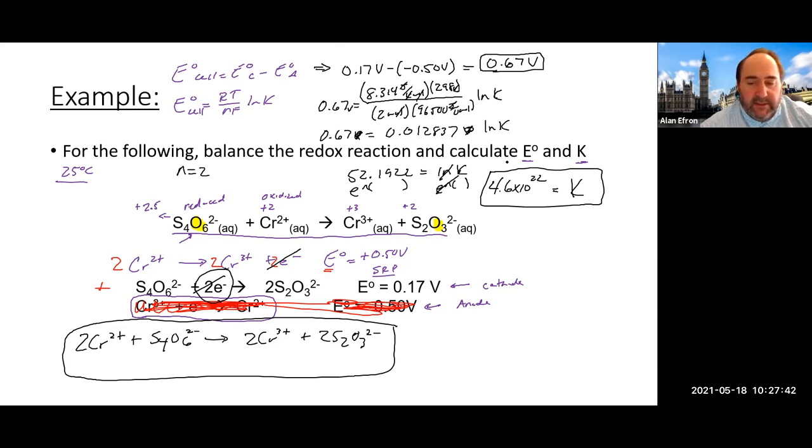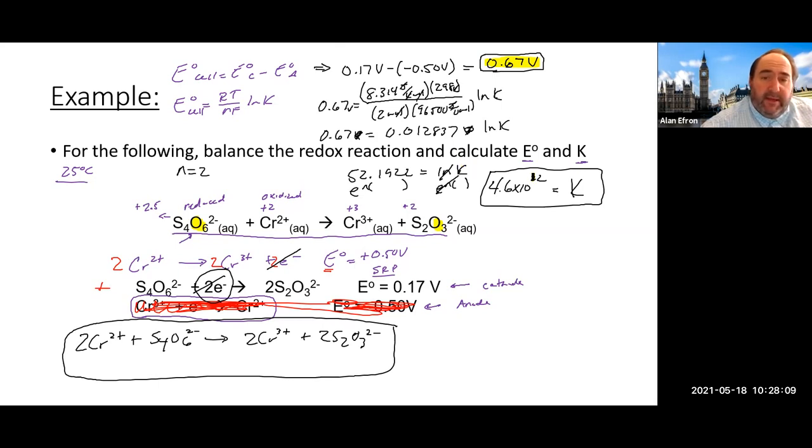Any questions on any part of that calculation? Do all these numbers make sense? Well, let's see. We ended up with a positive cell voltage, which would imply that our delta G is going to be negative, which means the reaction is spontaneous heading towards the products. Heading towards the products would imply that we should have more products than reactants at equilibrium.